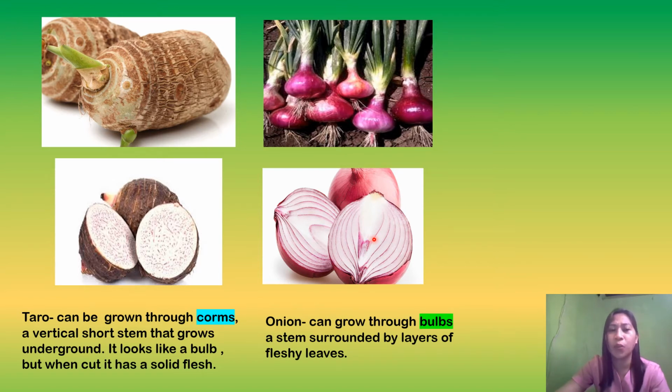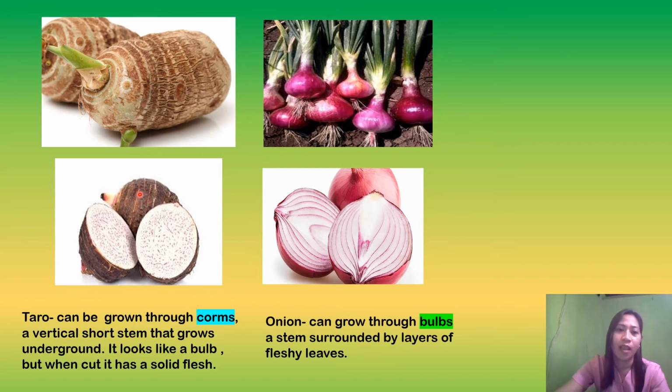So a while ago, we said that a corm is like a bulb, while an onion is also a bulb. So what's the difference between a corm and a bulb? A corm is rounded and it grows underground. It has scaly leaves. So, para siyang merong kaliskis.